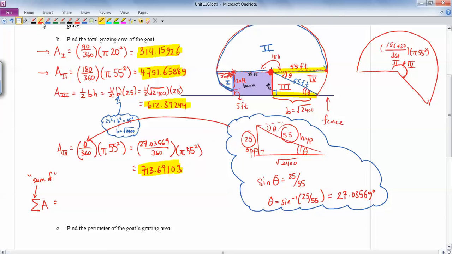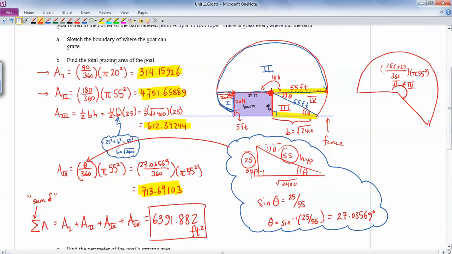So if we add up those 4 areas, area 1 plus area 2 plus area 3 plus area 4, you end up with 6,391.882. And since the lengths are all feet, this is going to be square feet.